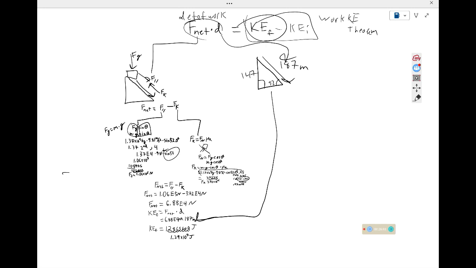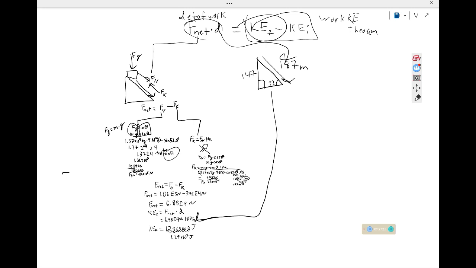If the block starts at zero velocity, then any work done is going to be equal to the final kinetic energy, because there's zero kinetic energy at the beginning of the problem. We realized that meant the final kinetic energy is equal to the work done by the block sliding down the pyramid.